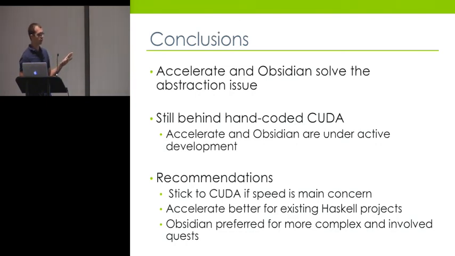We are already solving some of the abstraction problems, but there may be some ways to improve that, to bridge or reduce the gap in performance, which is the main concern. I've talked to some of the people that develop Accelerate and Obsidian, who are here, and they're still working on it. So I guess the gap has probably been reduced already.